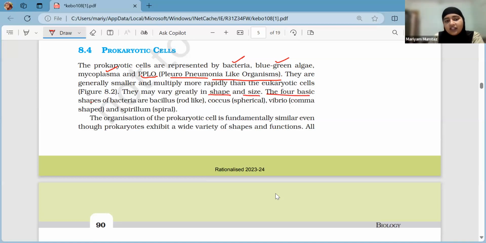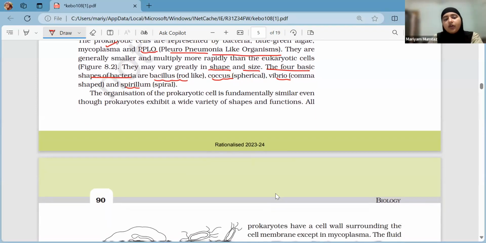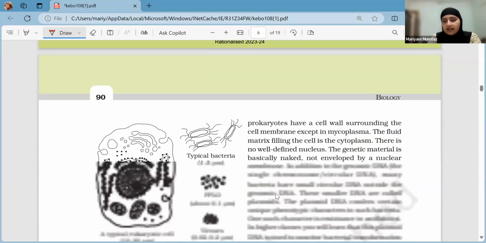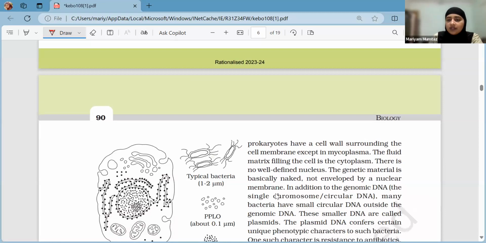The four basic shapes of bacteria are bacillus, coccus, vibrio, and spirillum, which we have discussed already. The organization of the prokaryotic cell is fundamentally similar, even though prokaryotes exhibit a wide variety of shapes and functions. All the prokaryotes have a cell wall surrounding the plasma membrane, except for mycoplasma. We remember that they are wall-less, right?